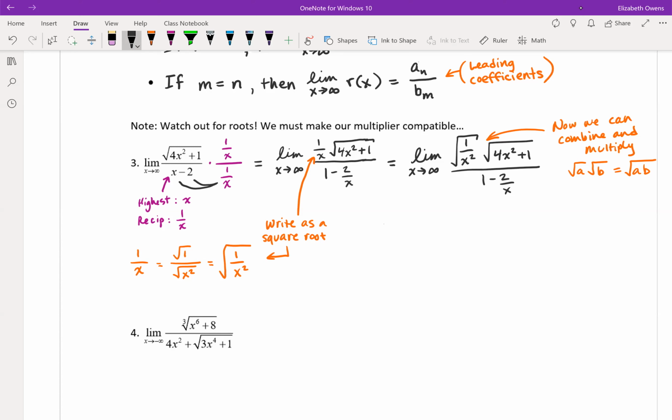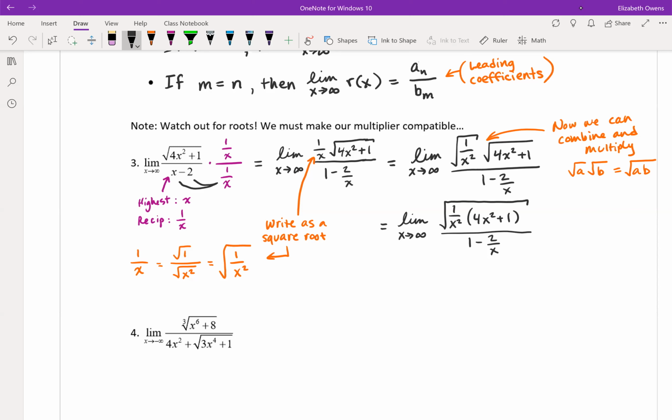So what this is going to look like now is the limit as x approaches infinity of, I'm going to write the radicand here, the stuff under the square root first. 1 over x squared and then 4x squared plus 1 are going to be underneath a single radical. And then we have 1 minus 2 over x in the denominator.